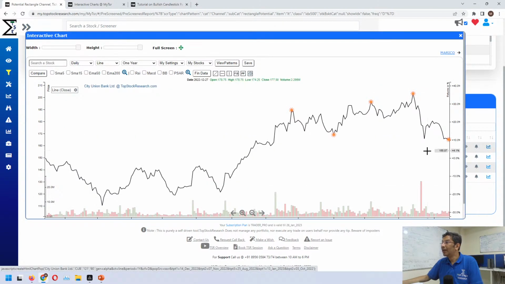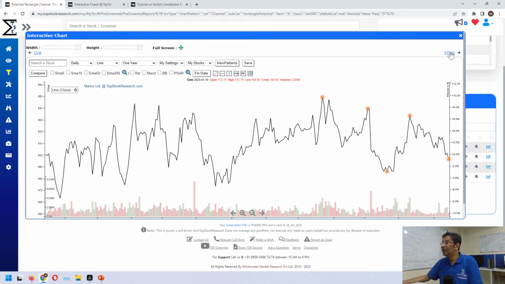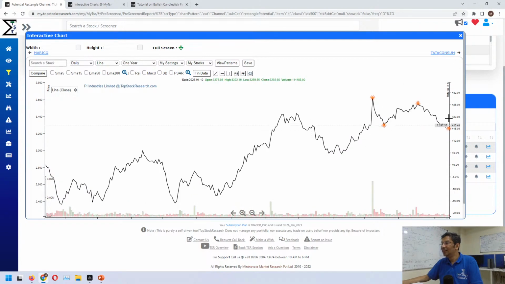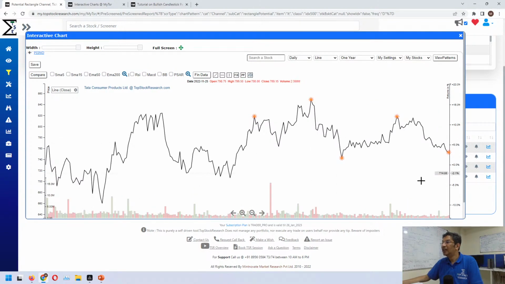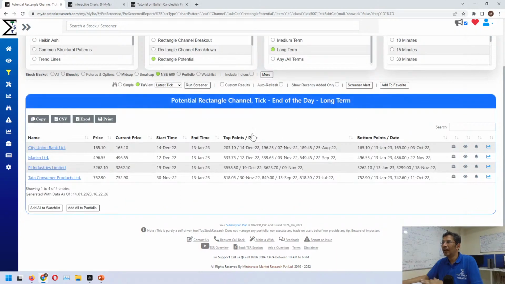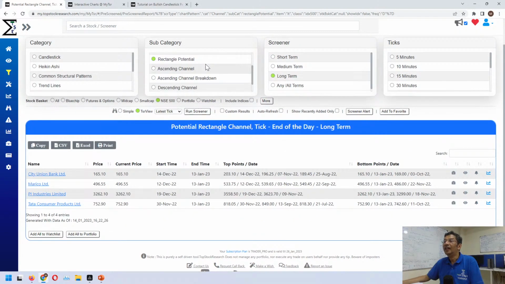When you look at this one, it is at a very, very edge level. This is where the possibility of it breaking down is there. So it is more like a potential breakdown, which you can look at.